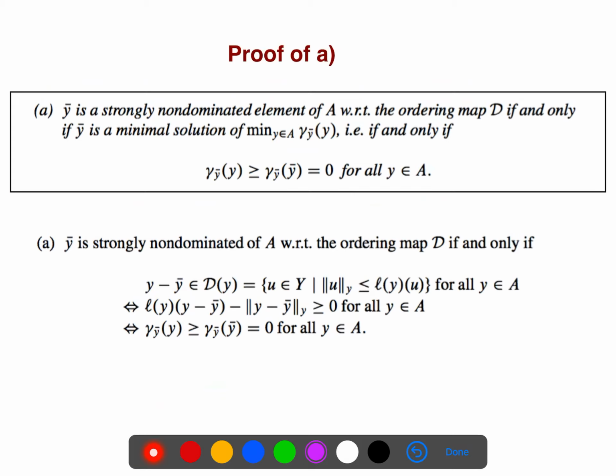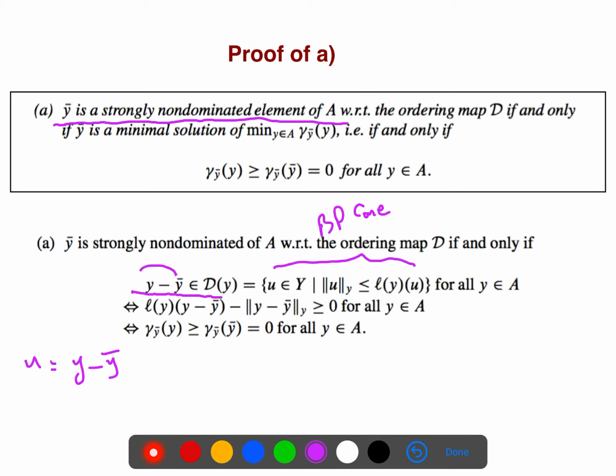The first one, A, says that if y bar is a strongly non-dominated element of A, it means that y bar minus y is inside the cone, and our cone is defined by the BP cone. Remember, the BP cone is exactly this. Instead of u, we write y minus y bar, because y minus y bar belongs to this set, so we can write u like this.